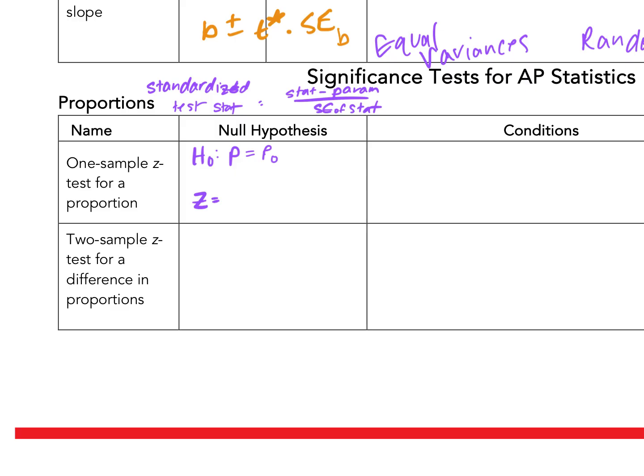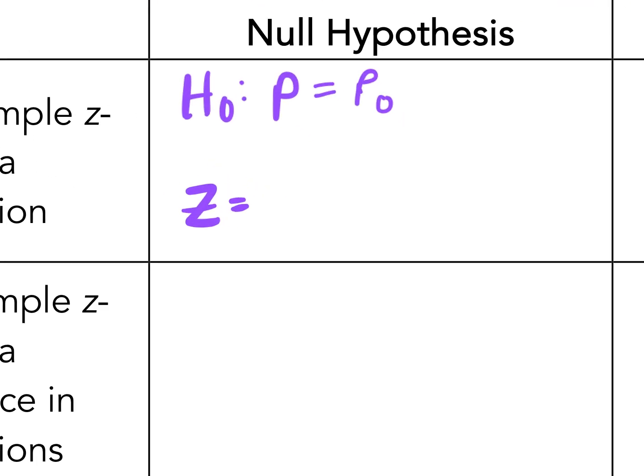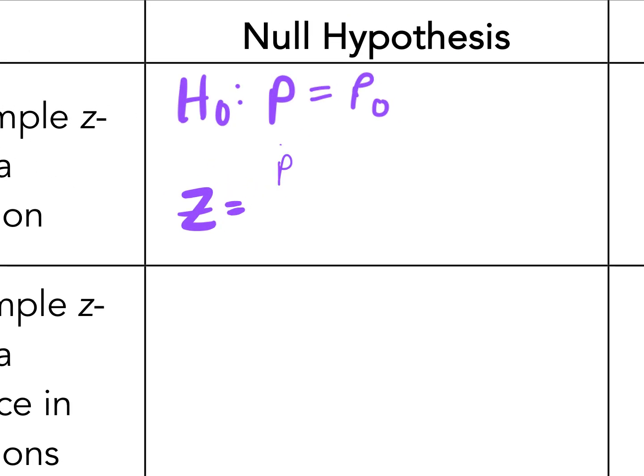So what is the statistic that goes with the parameter p? p hat, okay? And so statistic minus our parameter, which is our hypothesized value of our parameter, the p from the null hypothesis, over the standard error of the statistic, where we use whatever our hypothesized value is.